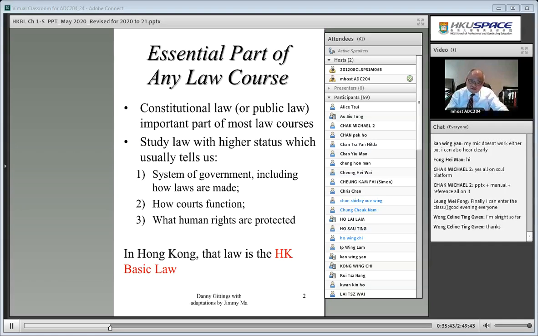It tells you the system of government that we have.